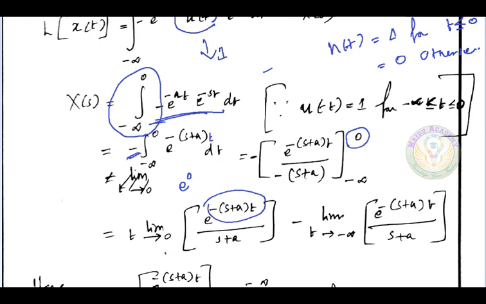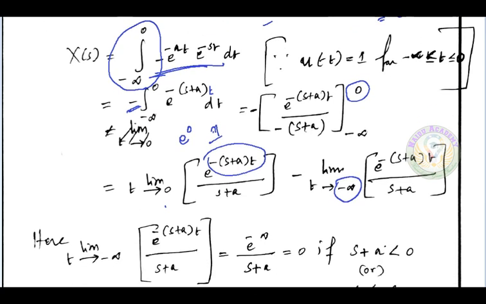E power 0 is going to be 1. Here you are going to have minus, then the infinity also minus infinity. So with minus infinity, you see the function e power minus s plus a times t. If you substitute minus infinity here, you could see this separately.